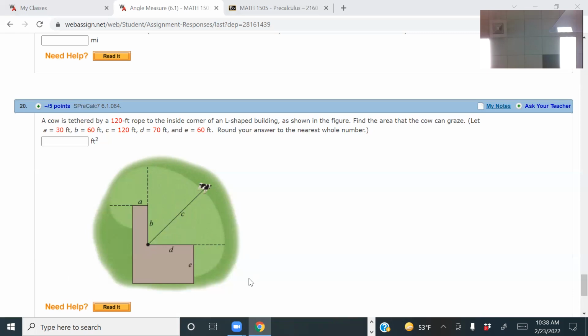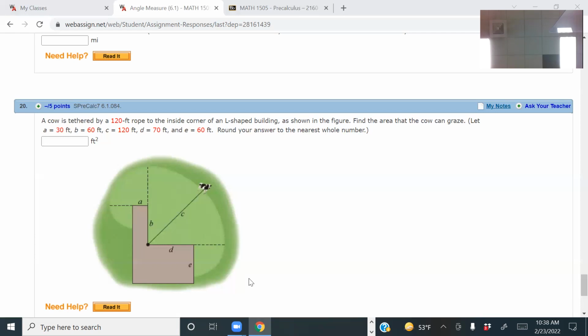So what's our circle sector formula? Y'all recall that? The area is one half times the radius squared times the angle that forms the sector. So it's 1/2 r squared theta.